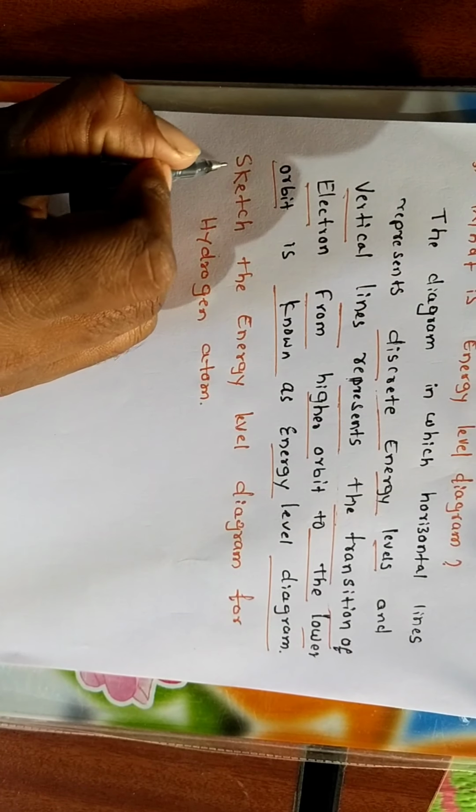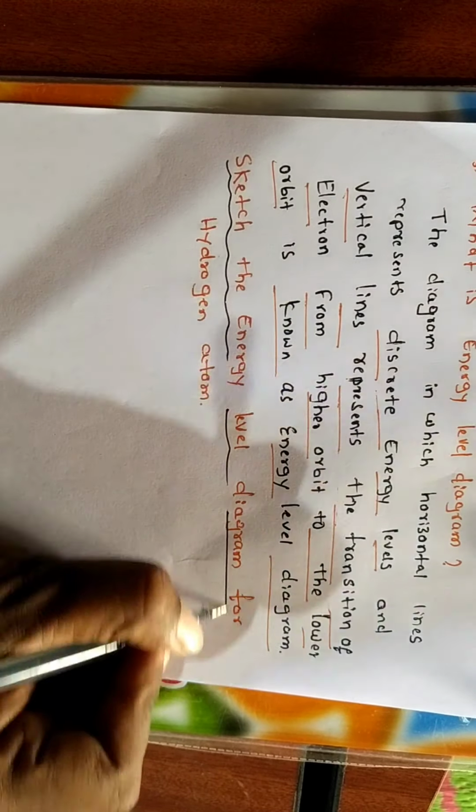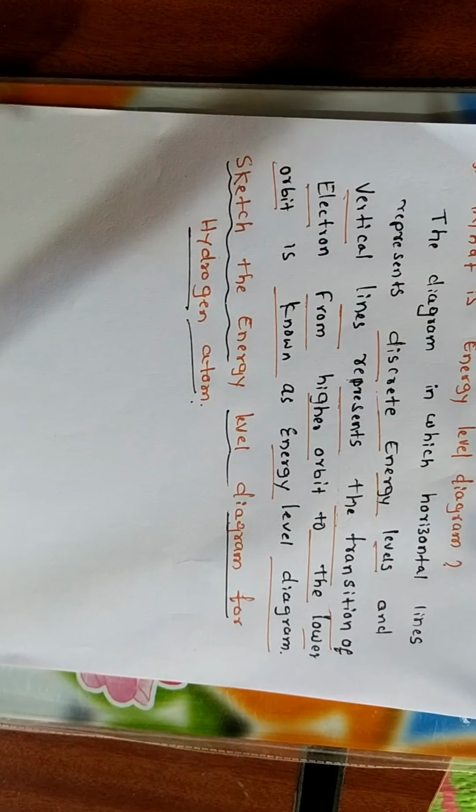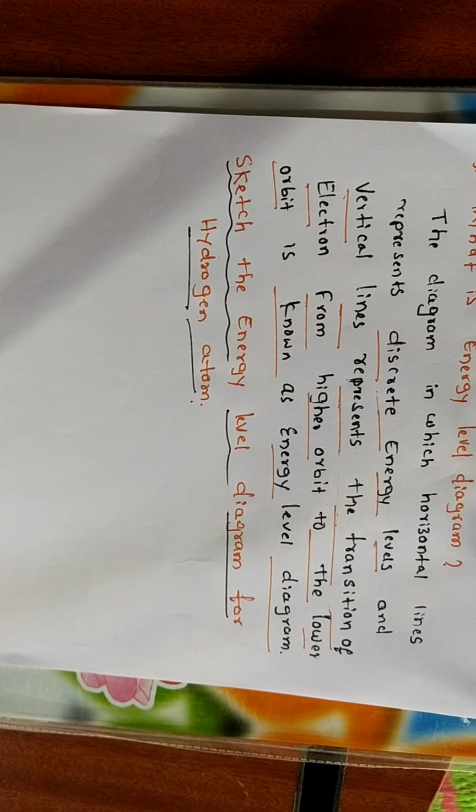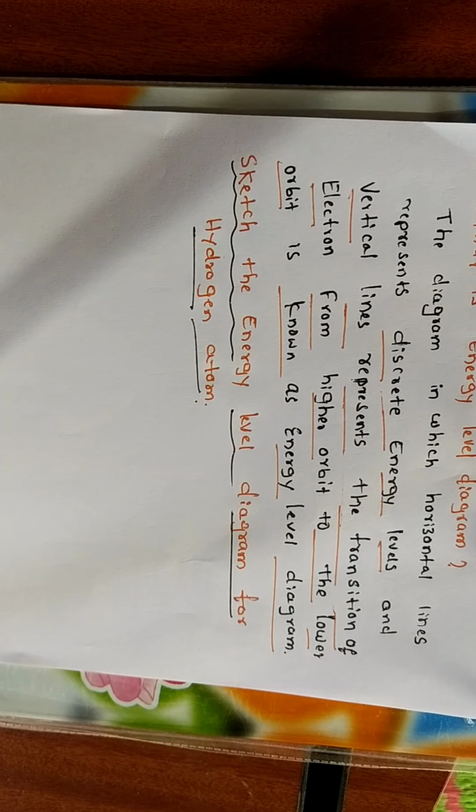Draw the energy level diagram of a hydrogen atom. Here, for the transition of an electron from a higher level to a lower level, its energy equation is given by En is equal to minus 13.6 divided by n squared electron volt.